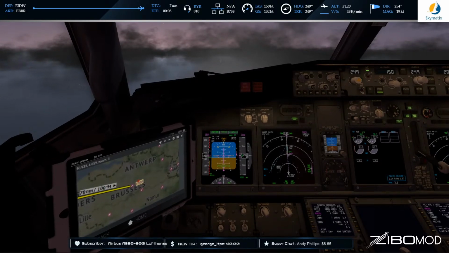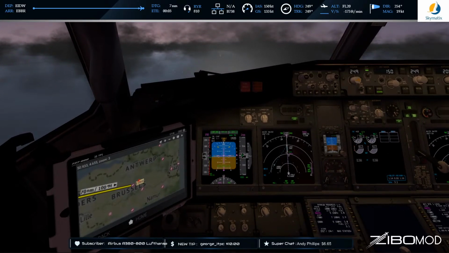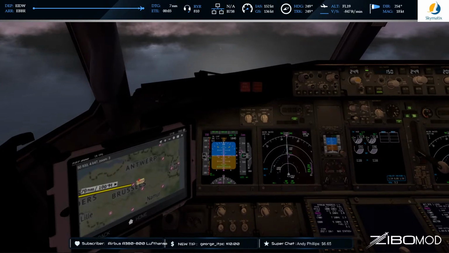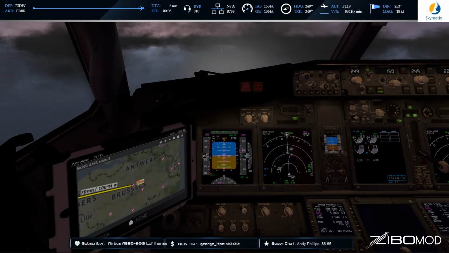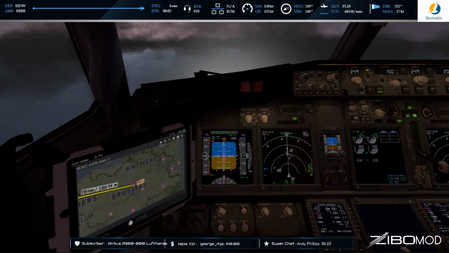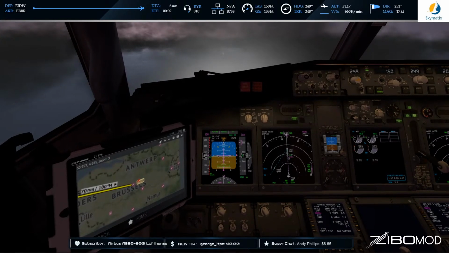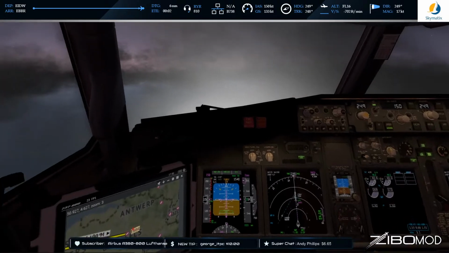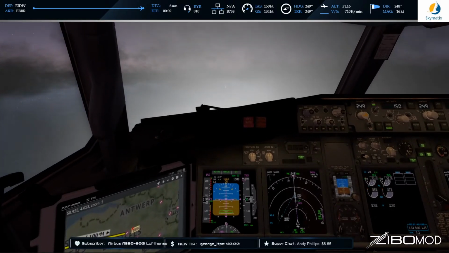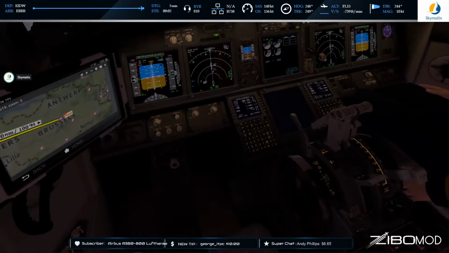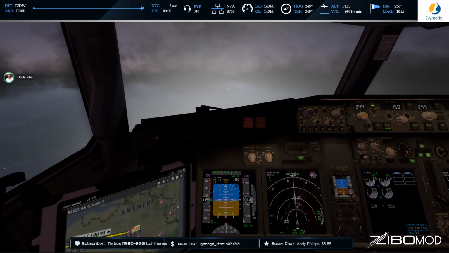Glide slope capture. Right, we have got seat belts on, auto brakes, flaps, and speed brakes. Those clouds look awesome.